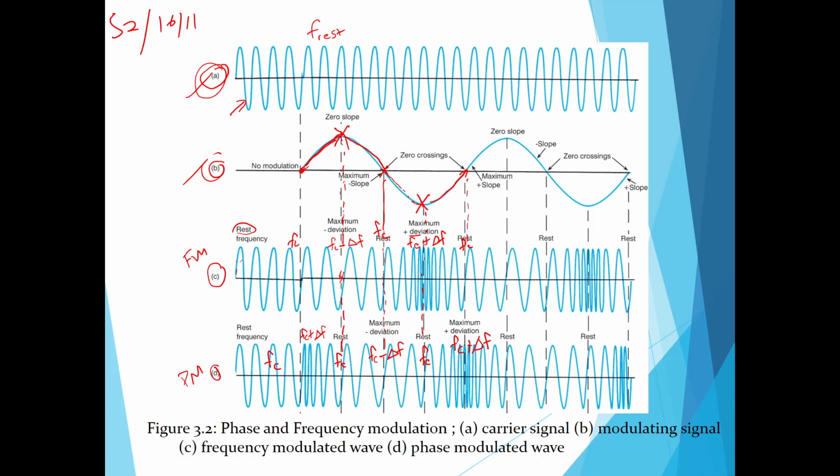And if you see from this graph, the amplitude of the carrier does not change for FM and PM. It remains the same, only the frequency and phase are changed. Different from AM, where the amplitude of the carrier changes.